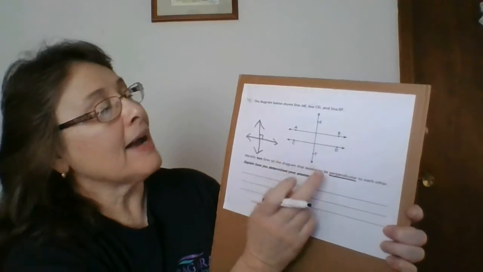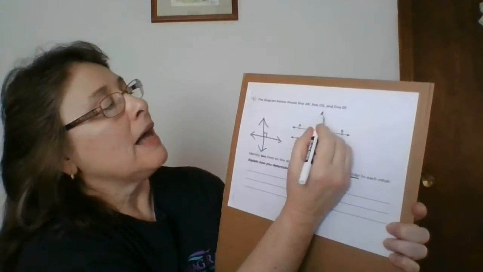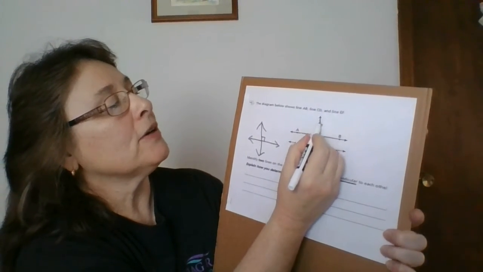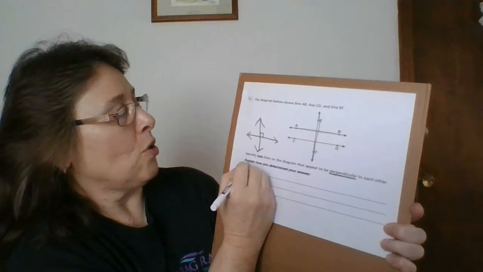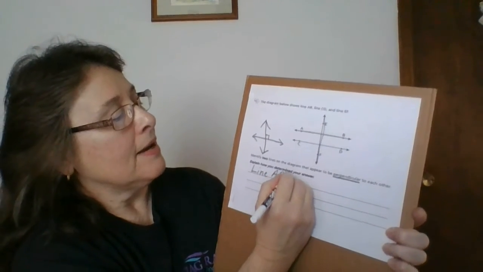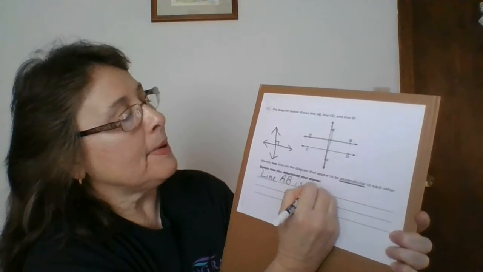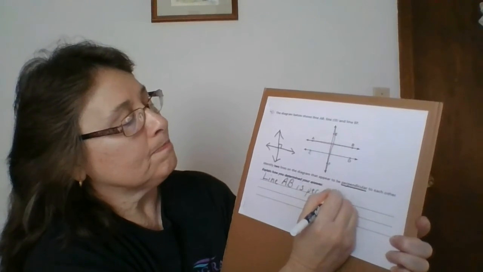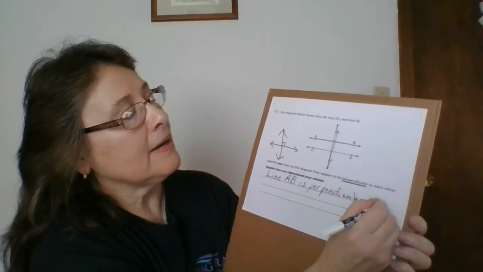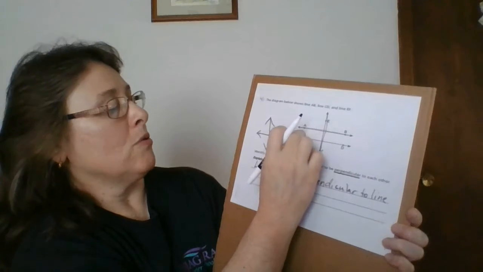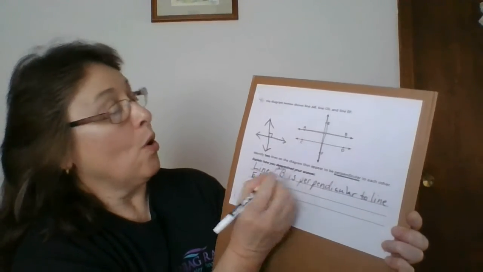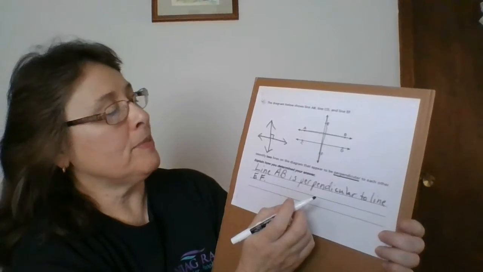So on this one, I could say that line AB is perpendicular to line EF. Or there's another pair of perpendicular lines.